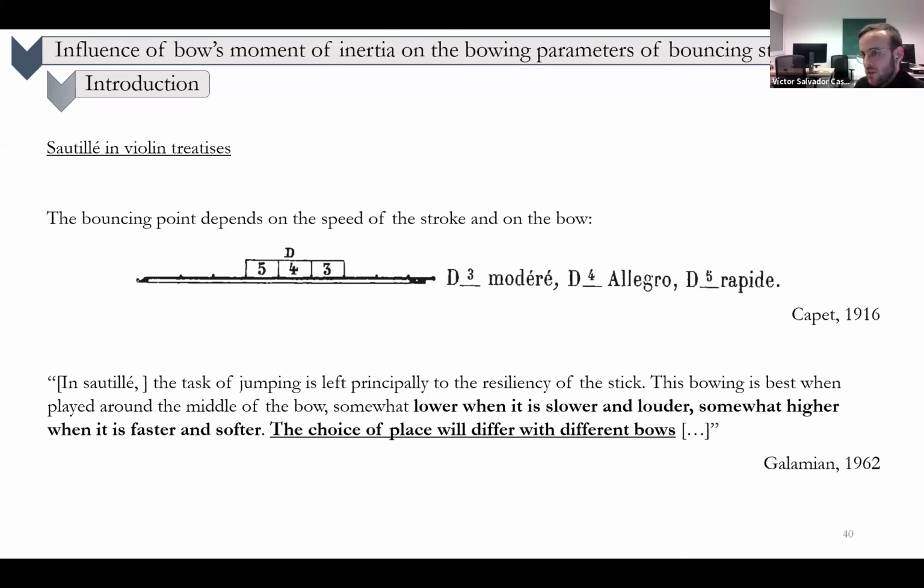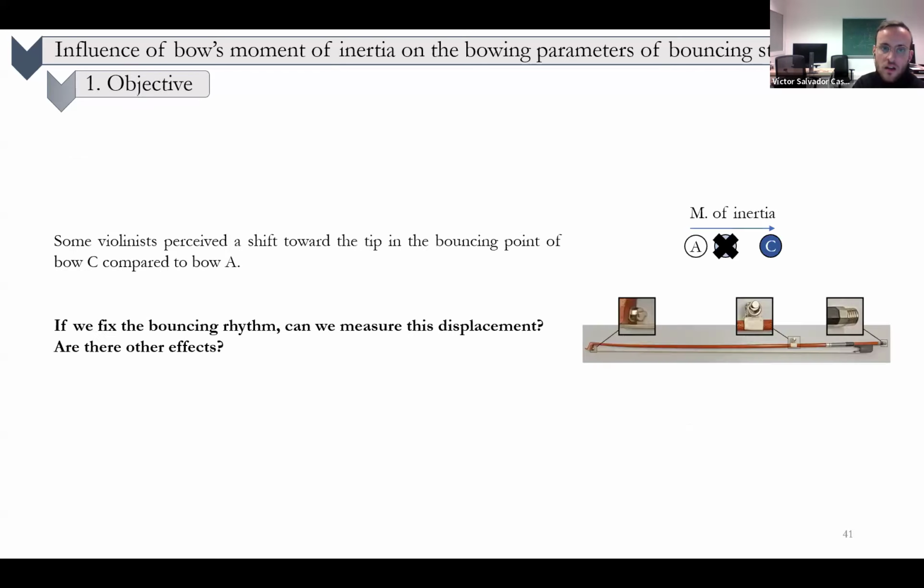but here we are focusing on the moment of inertia, so we want to see if we can detect these changes when we change the moment of inertia on this particular bowing parameter. In the previous test, we saw that some violinists perceived a shift towards the tip when we increase the moment of inertia.